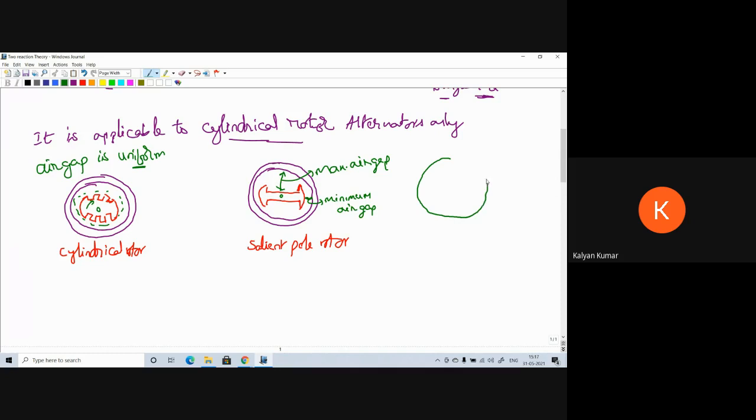So the stator is not going to rotate. Stator is stationary. So stator remains in this position. Now, let us assume that the rotor has been rotated by certain angle. Now I am assuming 90 degrees.